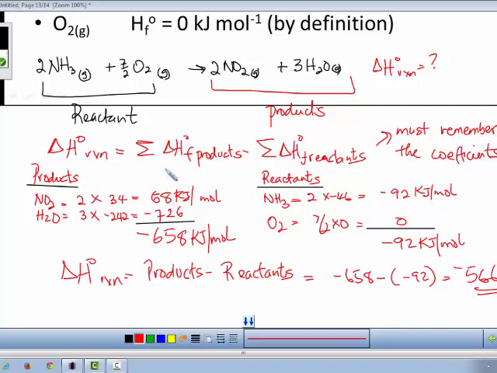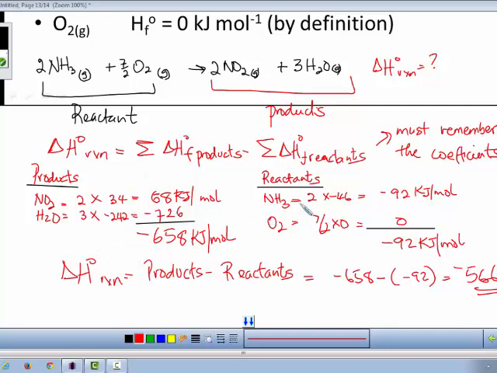So the products we have are nitrogen dioxide and H2O. We have 2 moles of nitrogen dioxide, so it's 2 times 34, that gives us 68 kilojoules per mole. We have 3 moles of H2O, so that gives us 3 times minus 242, that's minus 726 kilojoules per mole. We add those two, we get minus 658 kilojoules per mole, and that's the total amount for our products.